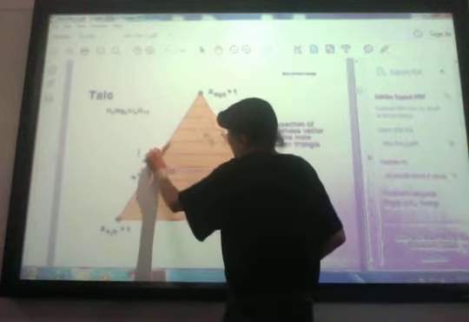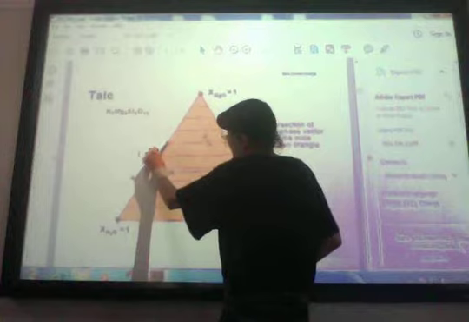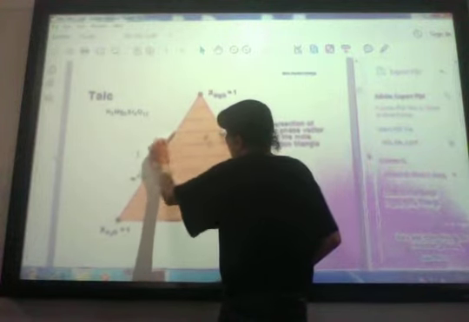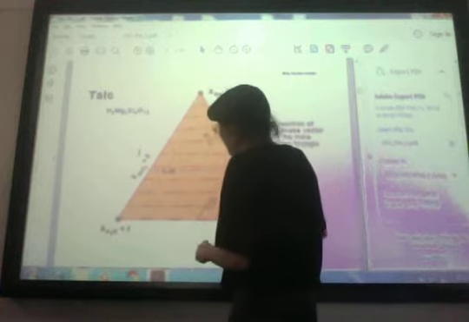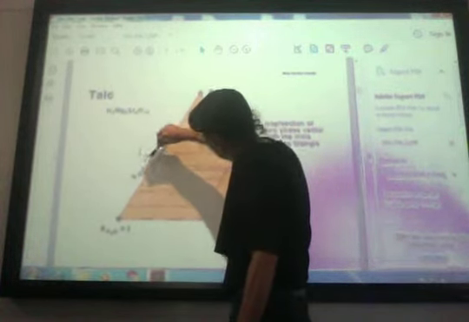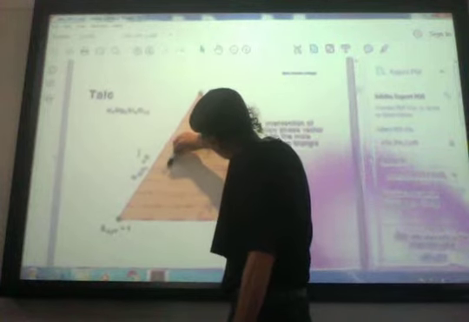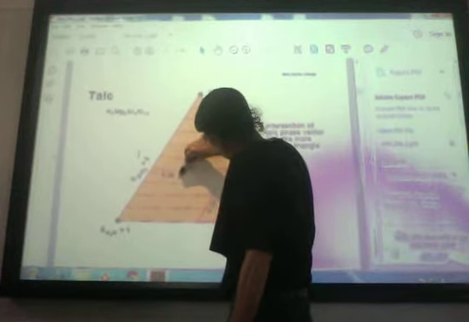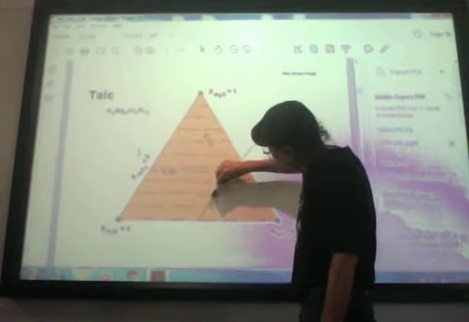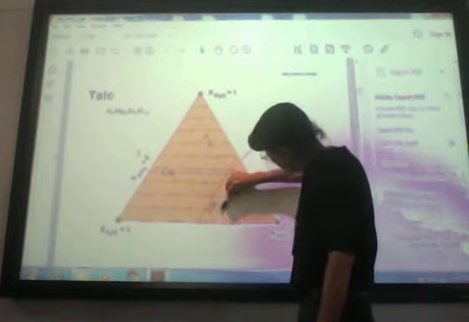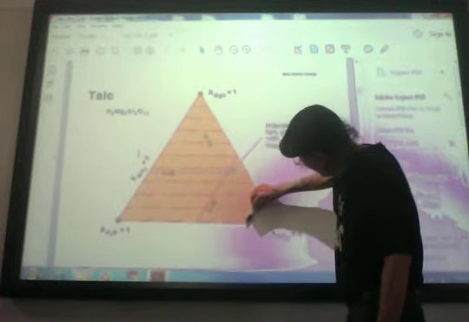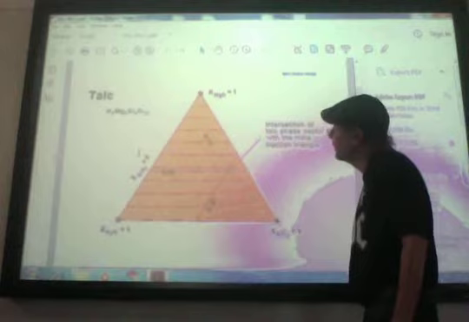Then you are subdividing the triangle here as well, with lines parallel to this line. Here, for example, we have an XSiO2 which is 0. Then here we have 0.1, 0.2, 0.3, 0.4, 0.5, 0.6, 0.7, 0.8, 0.9.